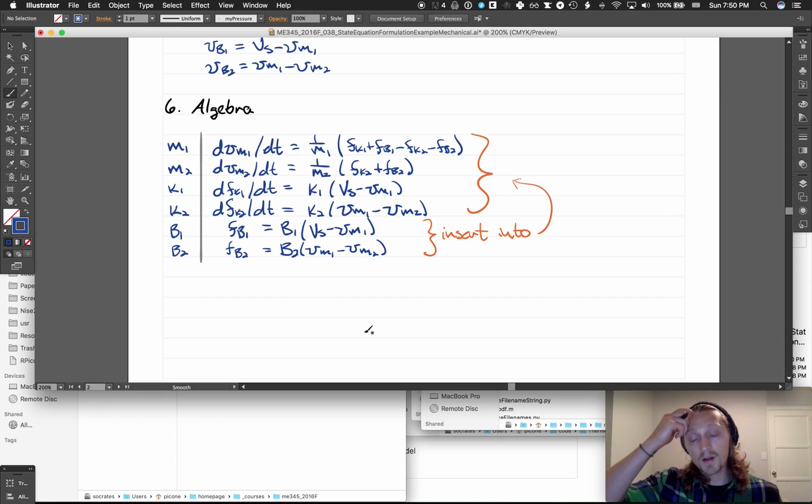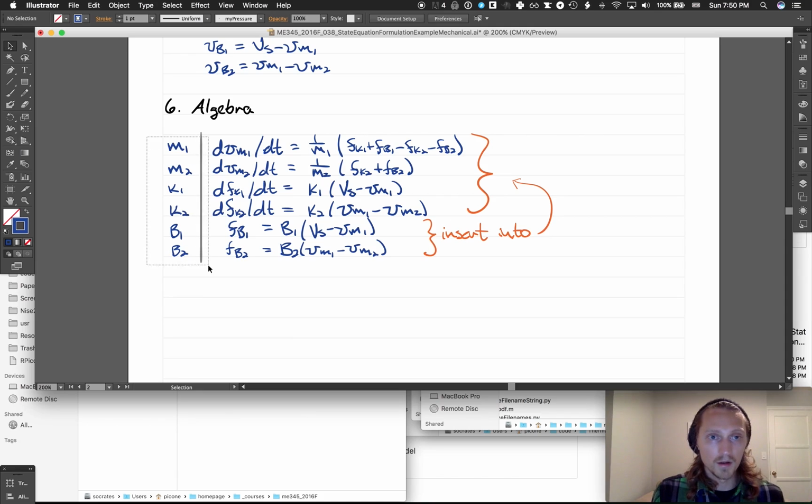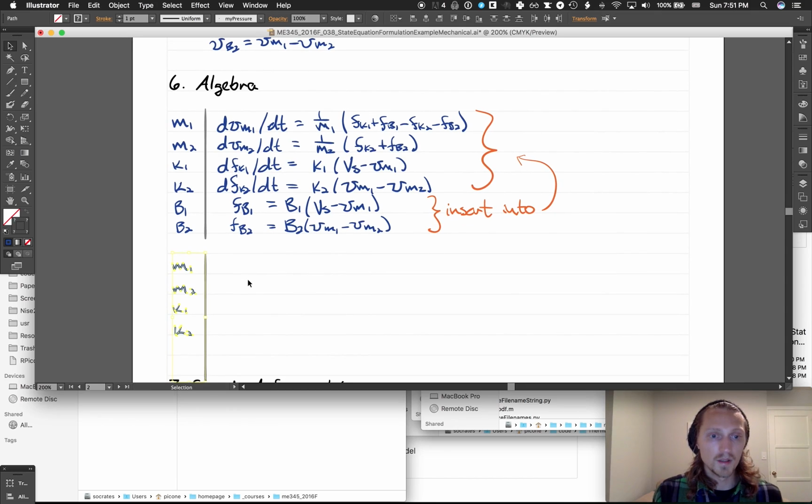They're either state variables, inputs, or Fb1 and Fb2, which we can now get rid of. So we can rewrite these equations. So let's repeat our column here. It's only going to go down to k2 in this case, but we can repeat up to that point.